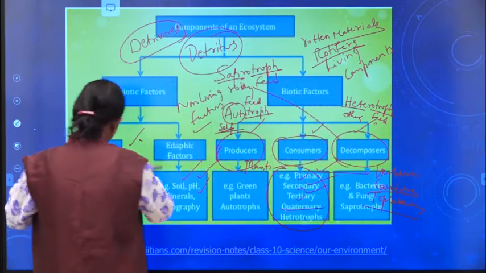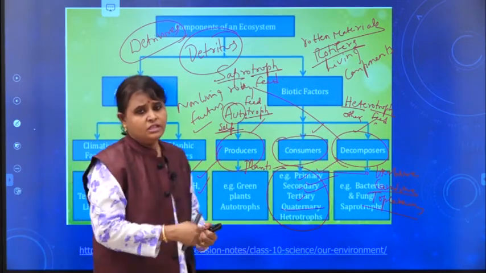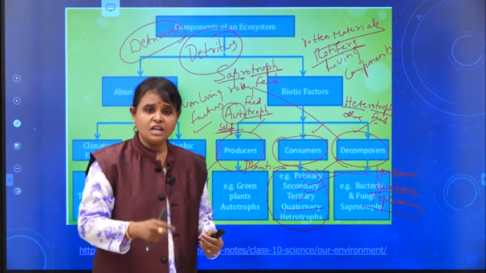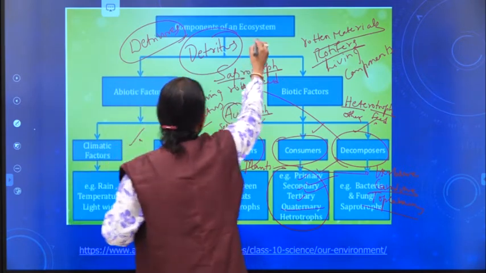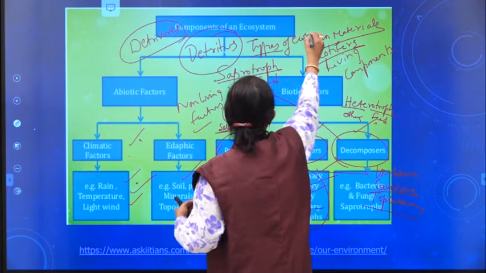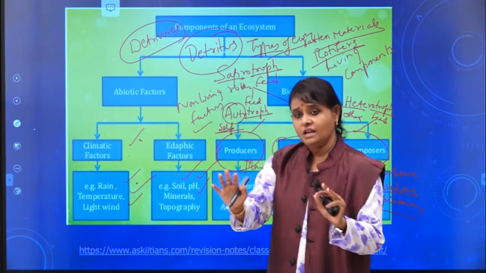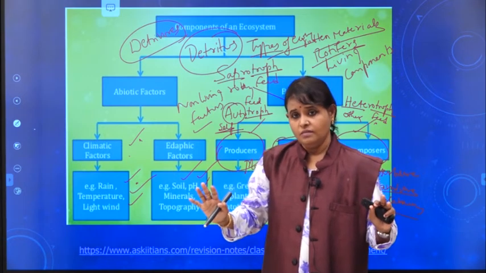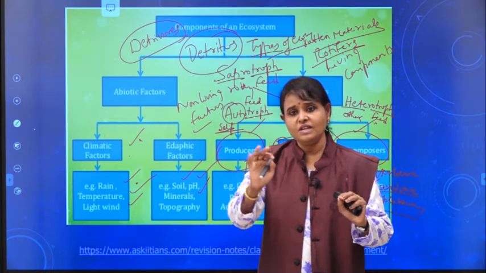See, abiotic factors, you just give examples. This flowchart is very important. Later, I will describe types of ecosystems, maybe grassland ecosystem, desert, pond, river ecosystem. Only characteristic features I will explain.